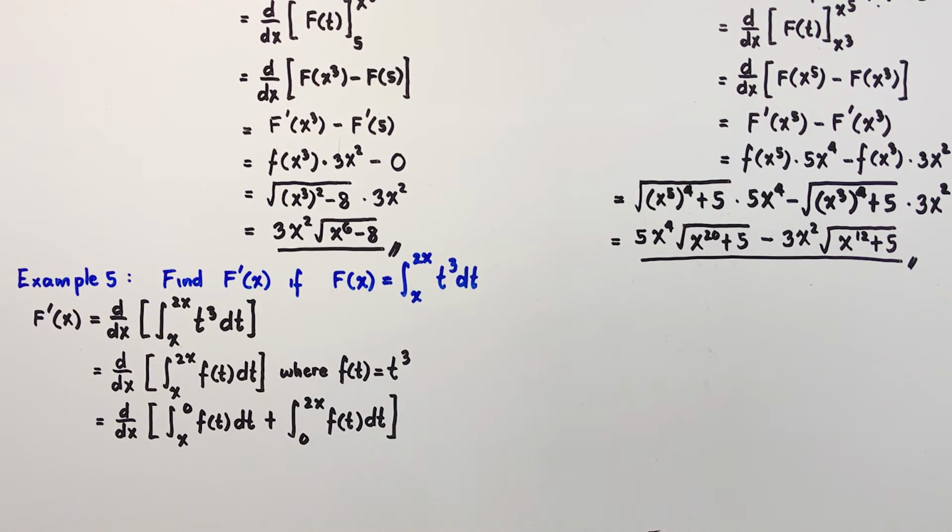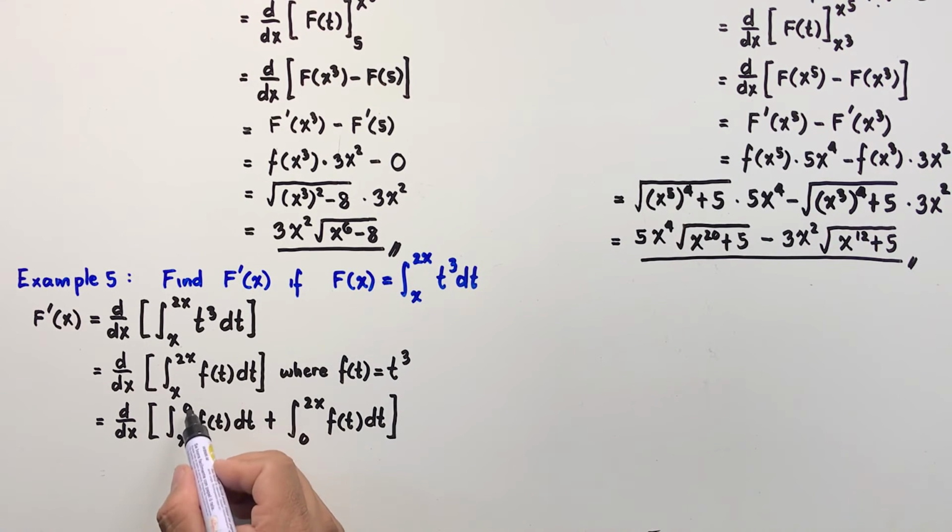So we'll see if we come up with the same answer if we split these limits of integration, because instead of having limits from x to 2x, you will have from x to 0 added to the integral from 0 to 2x. So from x to 0 and then from 0 to 2x, that is x to 2x.